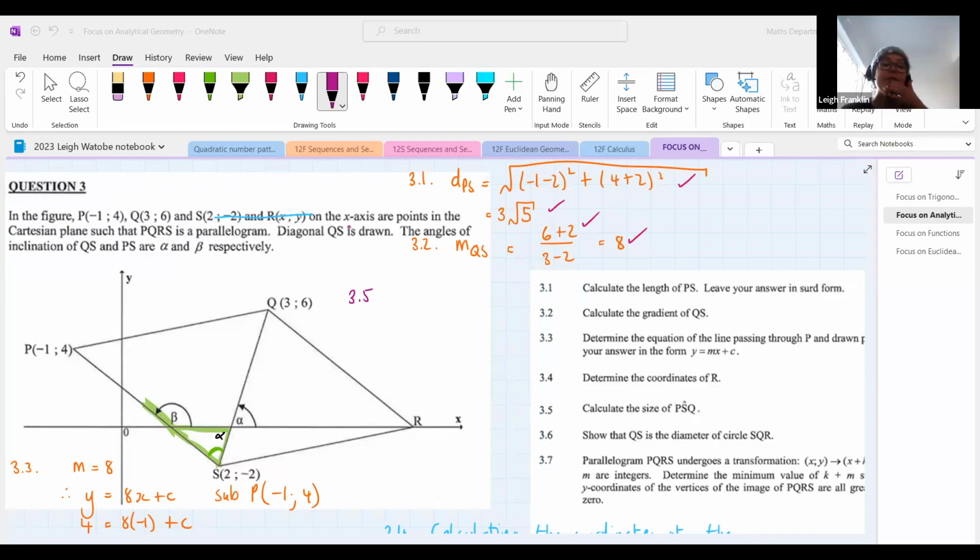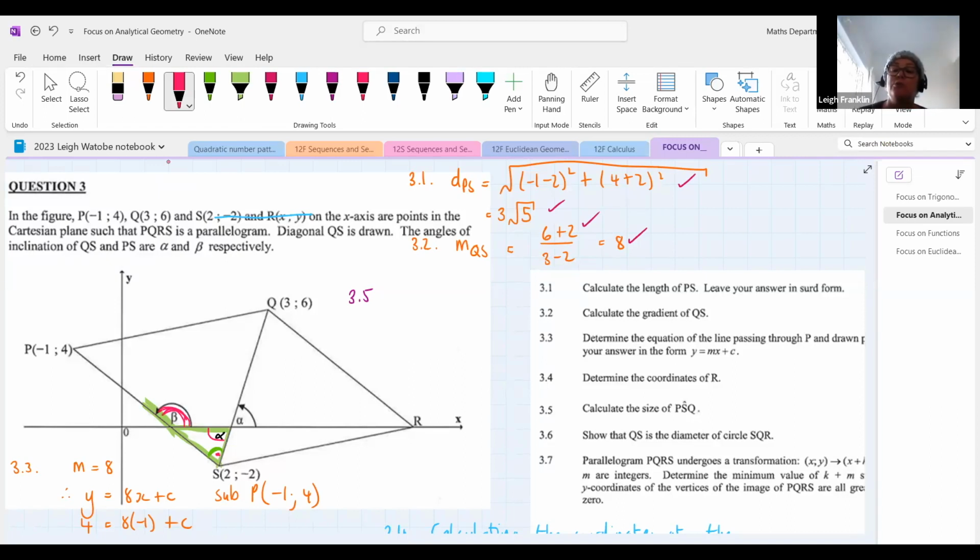When they want you to calculate an angle between two straight lines, it's often from the exterior angle of a triangle. So the triangle I've highlighted in green, if I add together alpha and this one that I'm trying to calculate, those would be the two opposite interior angles, which would add up to the exterior angle, which is beta.